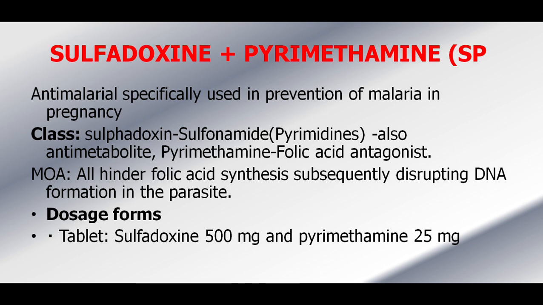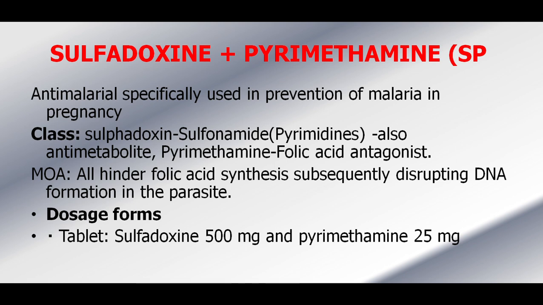The class sulfadoxine belongs to sulfonamide or pyrimidines. Also, it can be classified as an antimetabolite. Then secondly, we have pyrimethamine, which is classified as a folic acid antagonist.